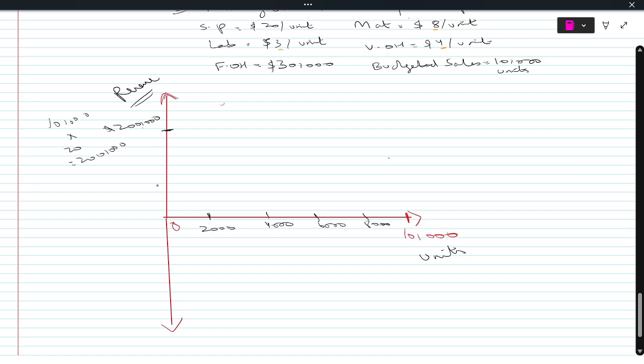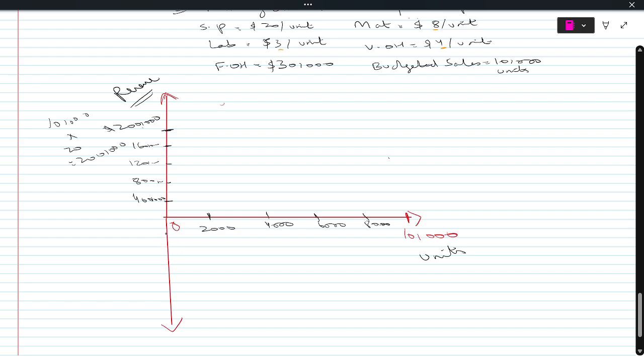Between 0 and 200,000 again you can allocate the scale in whatever way you like, but the way that I've been doing it in the previous two graphs is 40,000, 80,000, then 120,000, then 160,000, and then 200,000. Now in a profit volume chart you are going to extend this towards the negative side also.